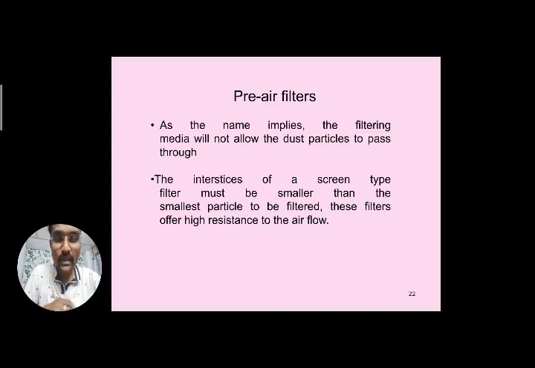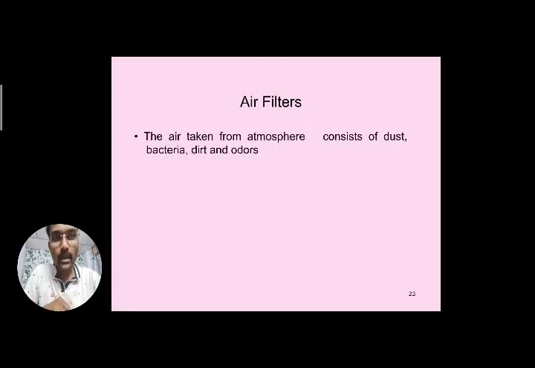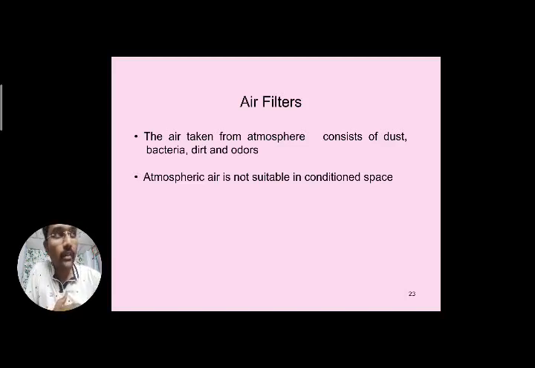Okay, so these filters offer high resistance to the airflow. Now the air taken from the atmosphere consists of dust, bacteria, dirt and odors. Atmospheric air is abundantly available, but it is not directly used in the conditioned room. Why?